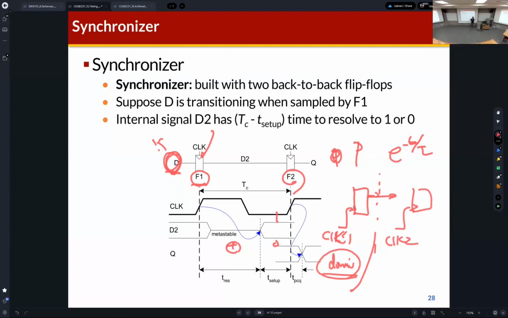Just remember that if we don't know the exact timing behavior of the input signal of the system, then we need to add the synchronizer to reduce the probability of metastability. This is the synchronizer, very simple, right? So we just remember why we use a synchronizer: for different clock domains or interfaces to the outer world.